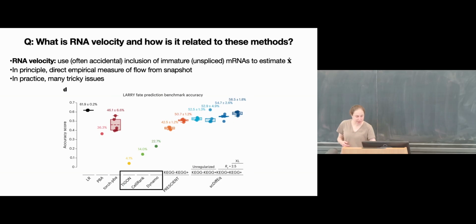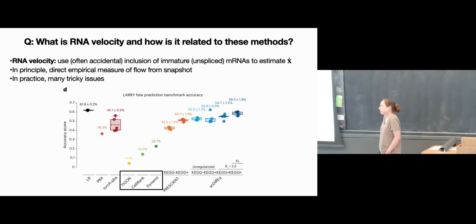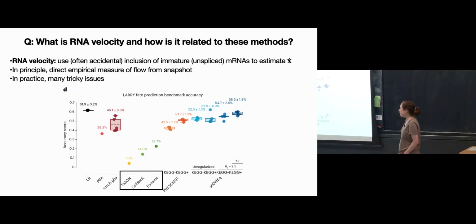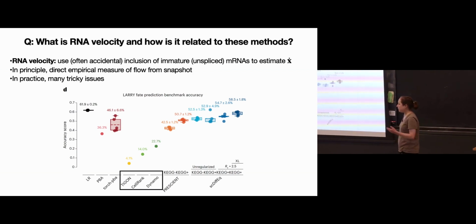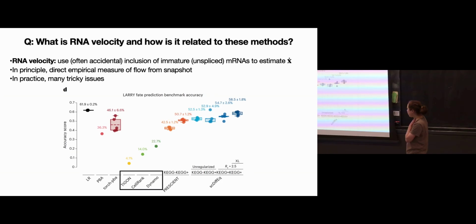Another thing that comes up a lot in single cell sequencing papers, and I think is a really cool idea but has a lot of trickiness, is something Sam is going to go into quite a bit in the next talk.